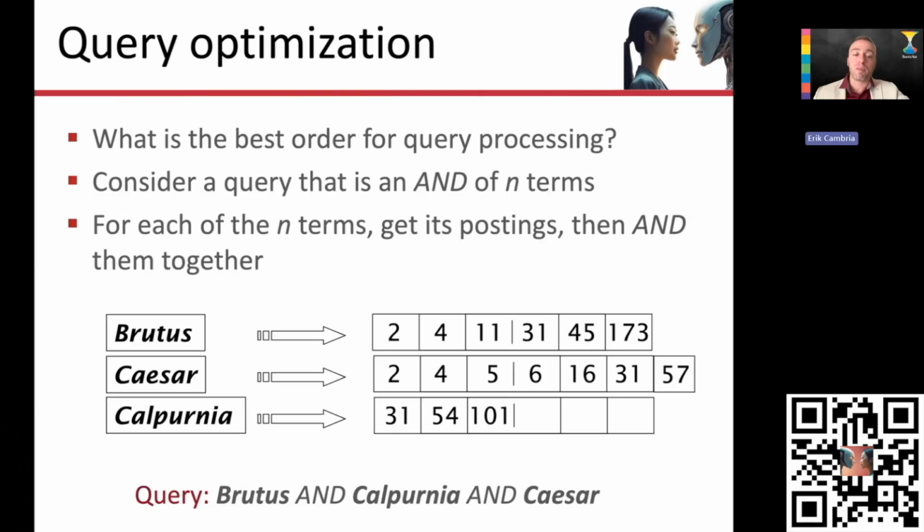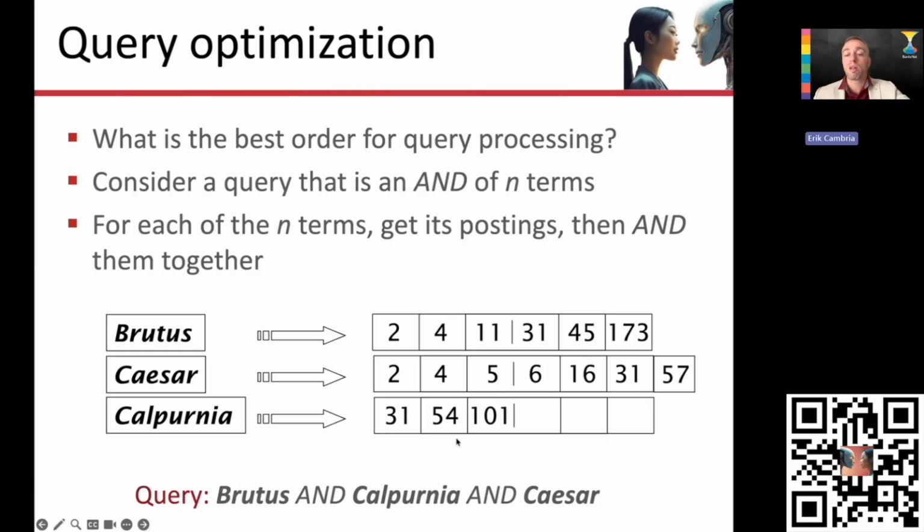As it happens many times in many computer science problems, you have to start from the most constraining variable. So if I have a query like this, Brutus and Calpurnia and Caesar, before I even do anything, before I go into my model and do those merge operations that we just talked about, I want to reorder this query so that I start from the most constraining variable.